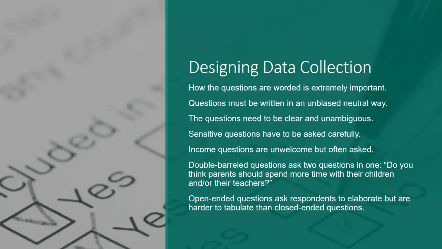Open-ended questions ask respondents to elaborate but are harder to tabulate than closed-ended questions. Like what we talked about in clear and unambiguous, it's better if you want to get straight answers. You don't want to try to use multiple scales to measure what your consumer or what your target market is saying.